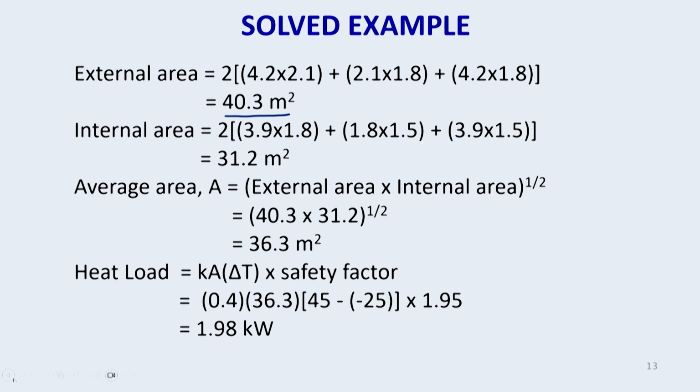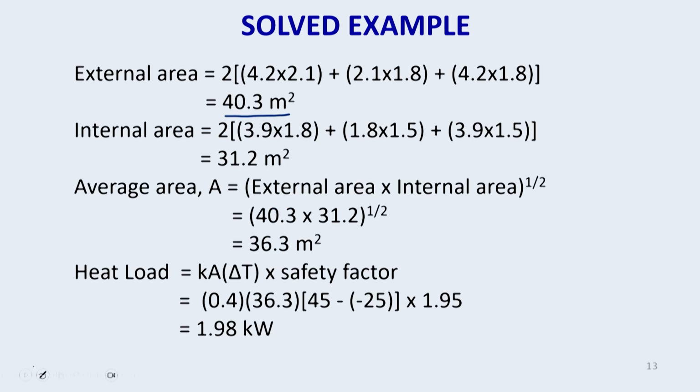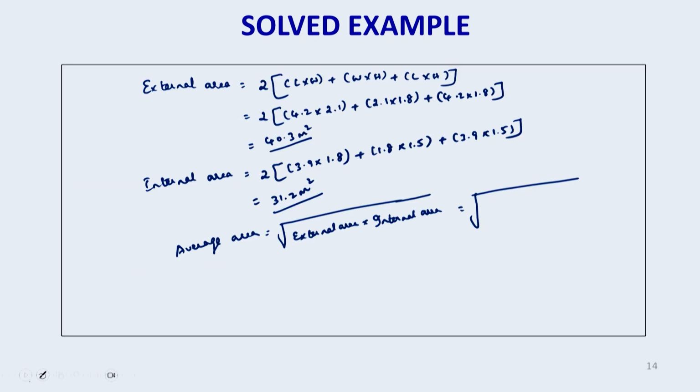Average area is the square root of external area into internal area. It is also called the net area. So it is the square root of external area into internal area, that is square root of 40.3 into 31.2. The external area is 40.3 and the internal area is 31.2.